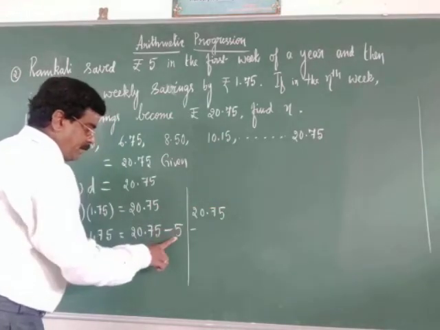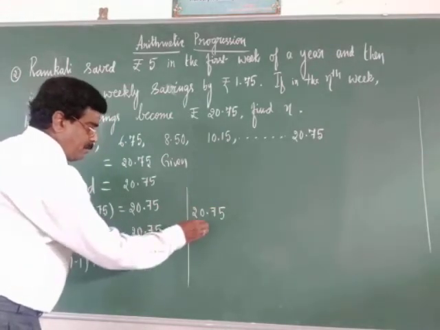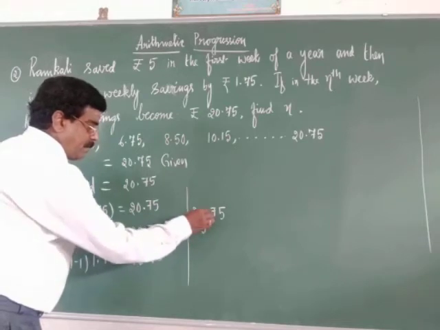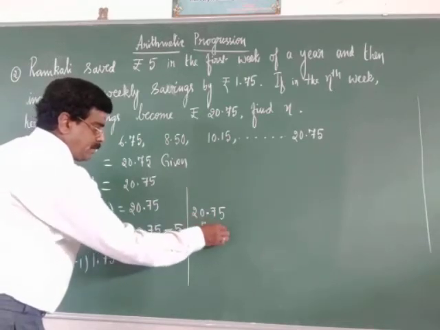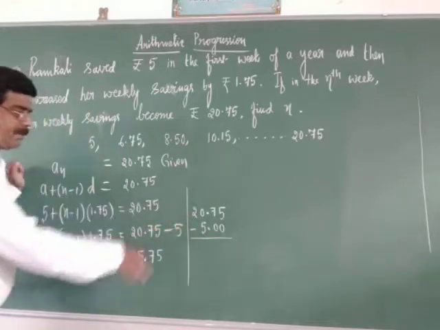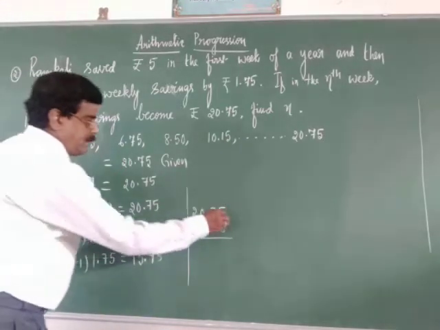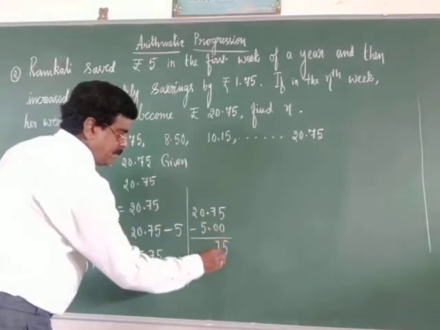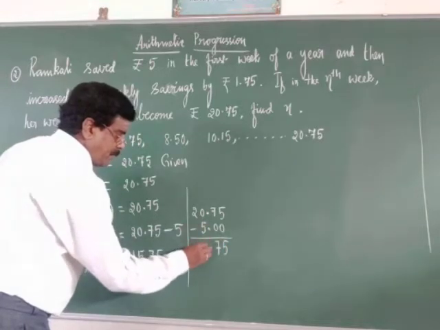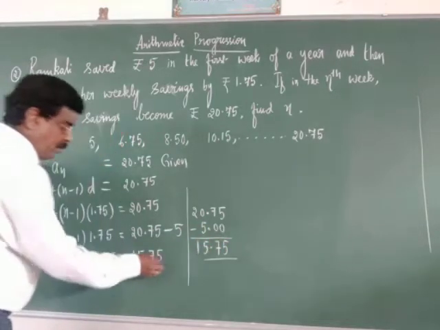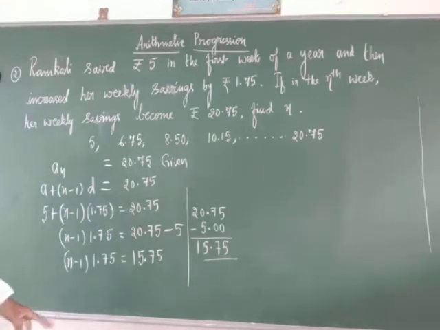Then minus 5. 5 goes below the unit place, that is 0. Put a point here. Then write. This is how you have to subtract. 5 minus 0 is 5. This is 7. Dot. 10 minus 5 is 5. 15. That's how you got 15.75.